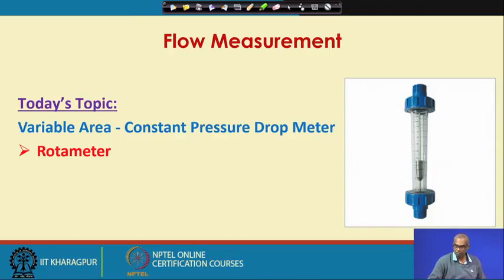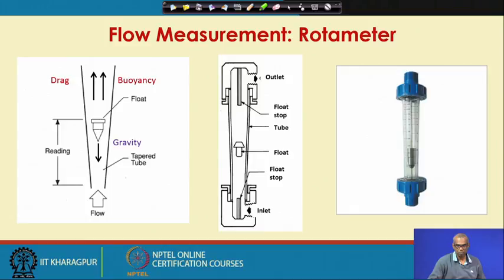What you see on the screen is an image of a rotameter. So, rotameter is a very simple instrument. It measures volumetric flow rate.